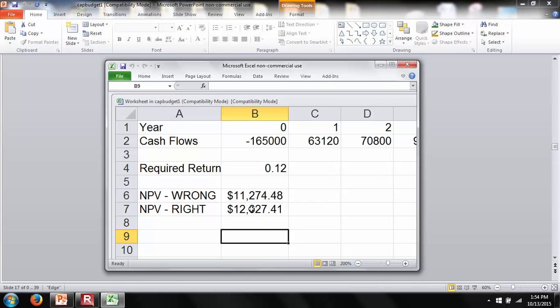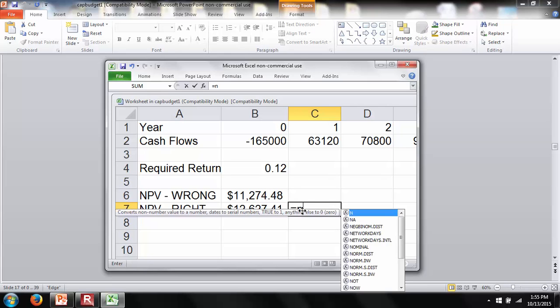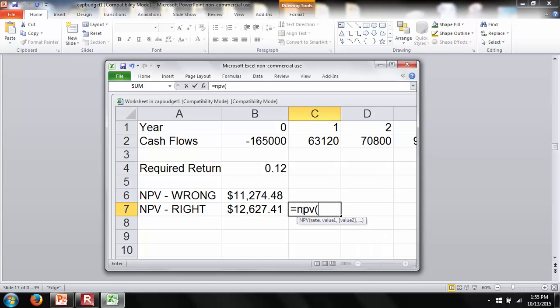Okay, so here, if you do the NPV, NPV is the function in Excel, and the first argument is the interest rate, and then you have the cash flows. One thing you want to be careful about is that you want to keep the NPV cash flows in brackets.